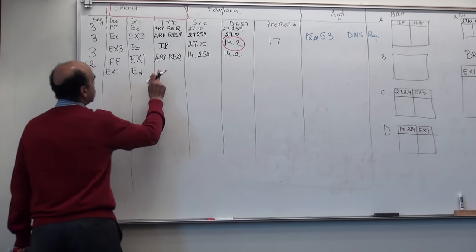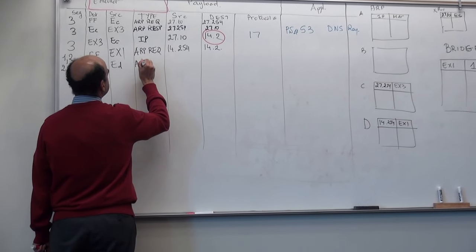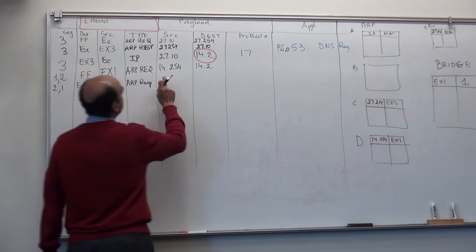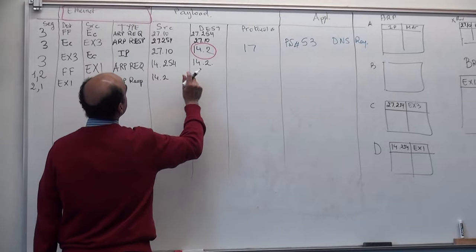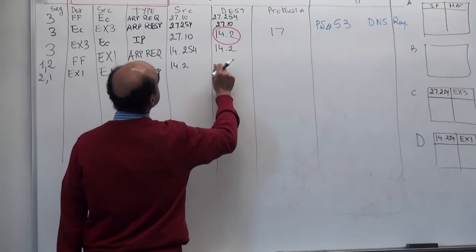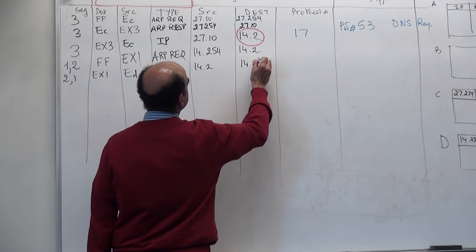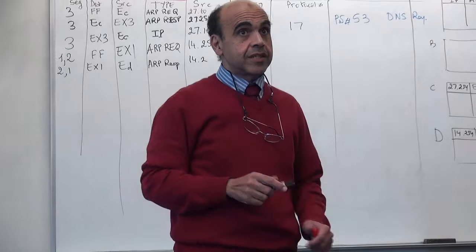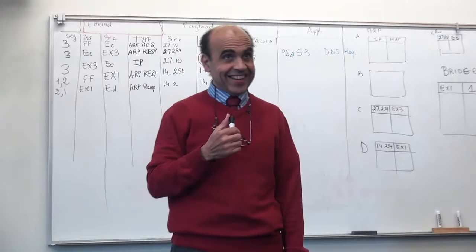What is the type? It's an ARP response. Who is the source? 14.2. Who is the destination? 14.254.